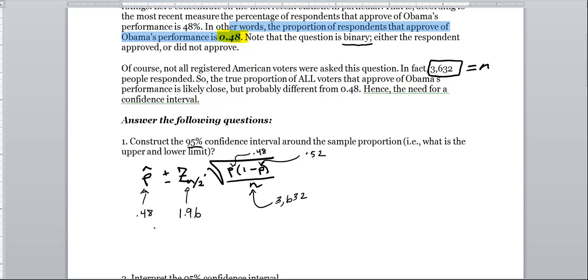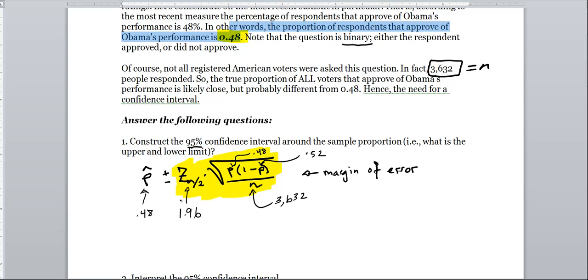Now, this term to the right-hand side, or the term that I'm adding and subtracting from my sample proportion, is called the margin of error. If you look closely at most polling results, they'll report this. And the audience or the reader can simply add that number to the sample statistic and get the upper limit, or subtract it to get the lower limit. So let me go ahead and calculate that margin of error.